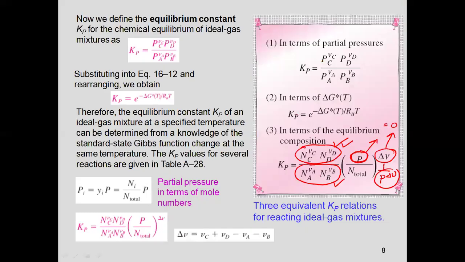So here you can see that you just change them to double, so the whole expression is raised to the power of 2. So Kp will be Kp square.